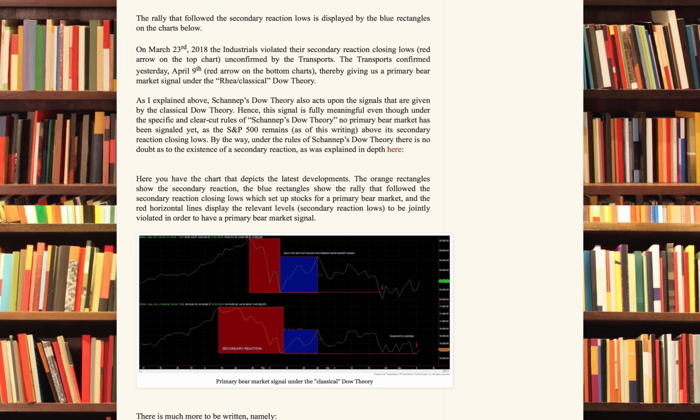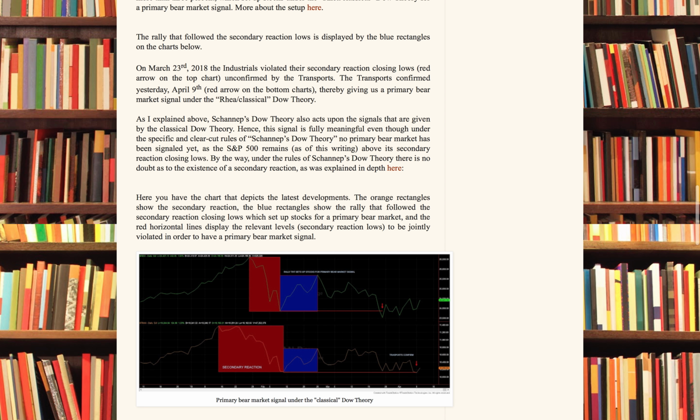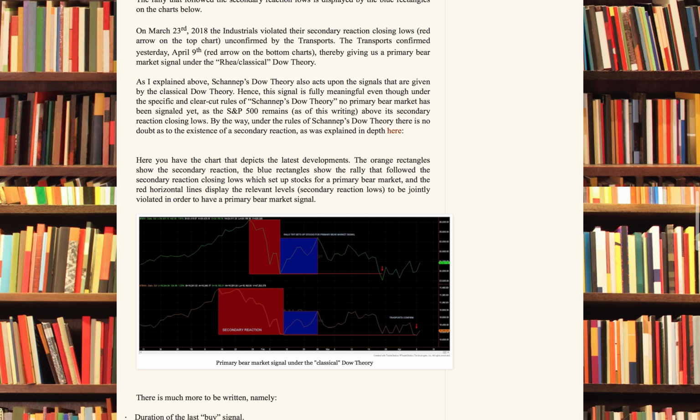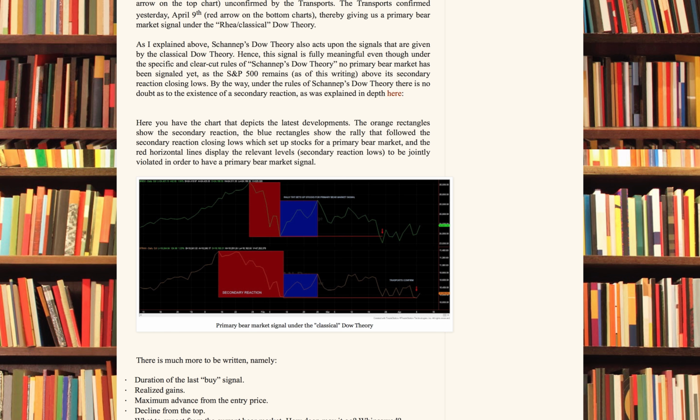One of those metrics that is often used is just classical Dow theory, and basically, classical Dow theory deals with the relationship between the Dow Jones Industrial Average and the Dow Jones Transportation Average. If you take a look at the charts here, which are kind of hard to see, there was a non-confirming peak in the Dow Jones Industrials on January 26, meaning the market made new highs.